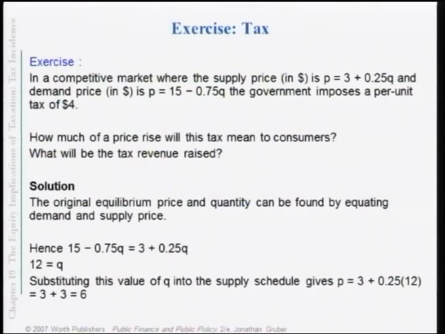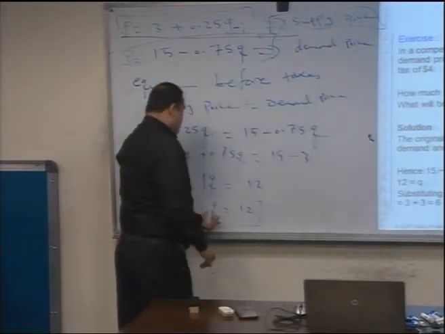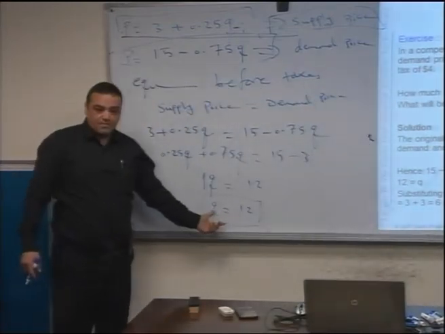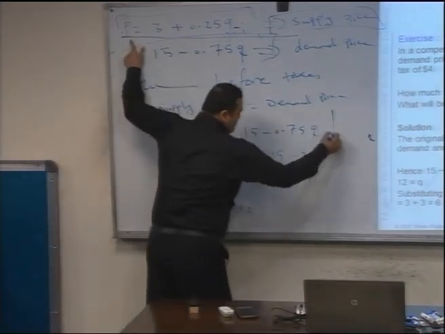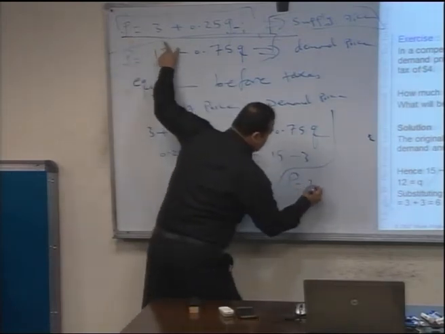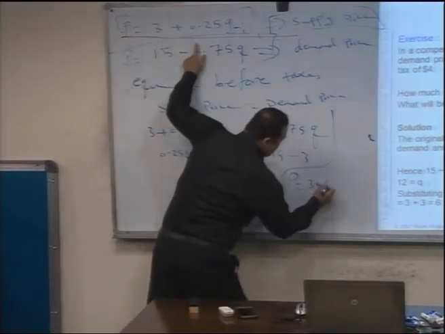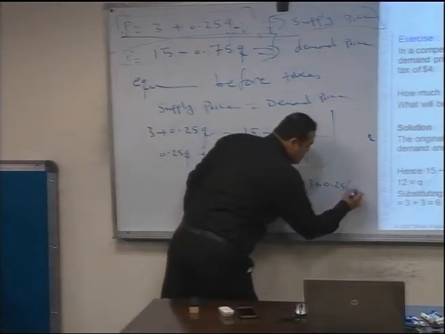How much is the price? We can substitute in either the supply price or the demand price function. At Q equals 12, price equals 3 plus 0.25 times 12.